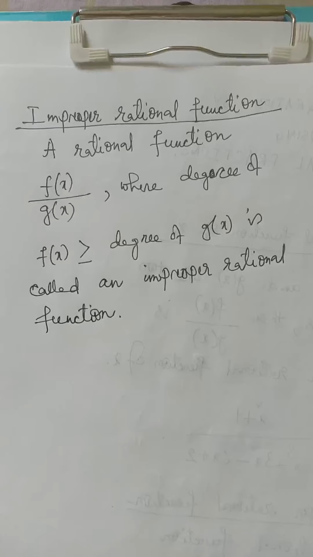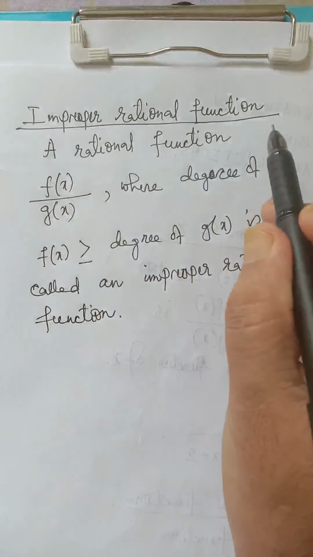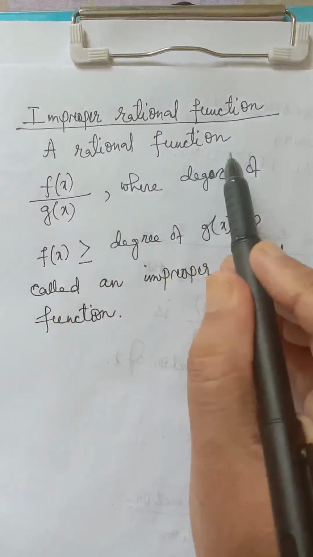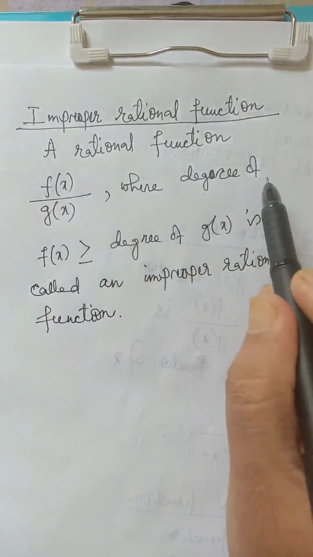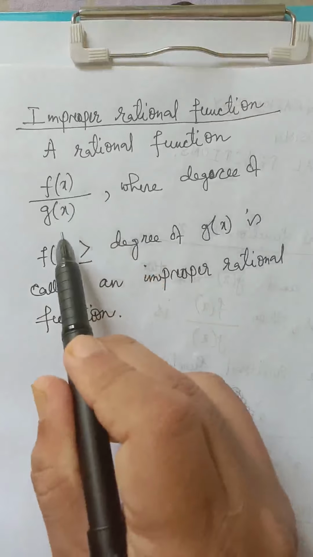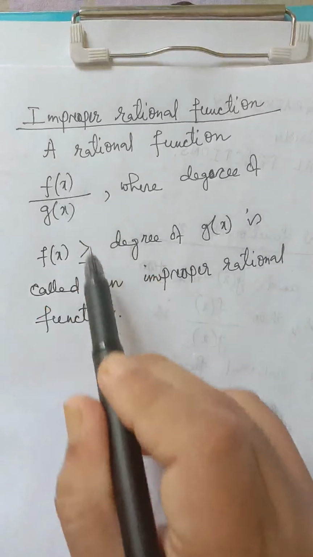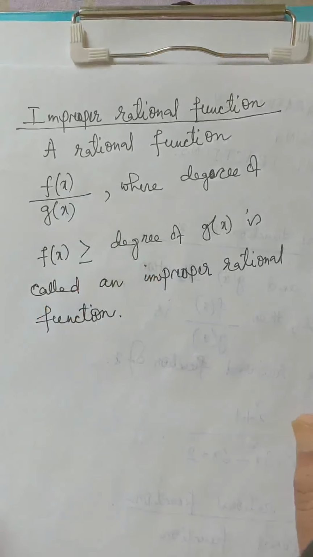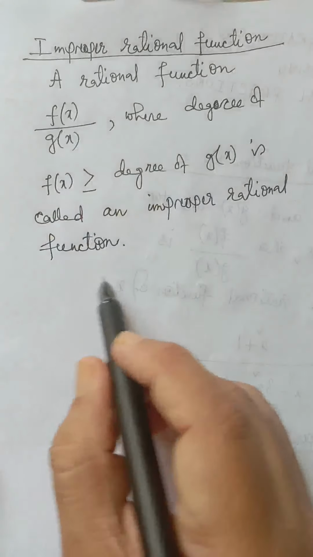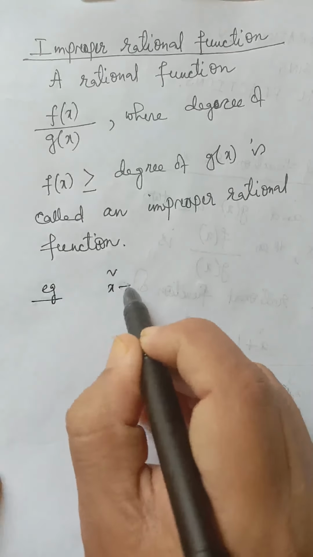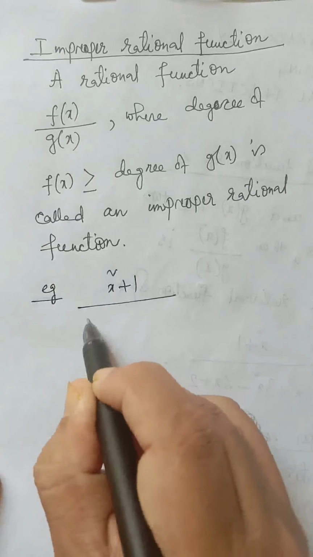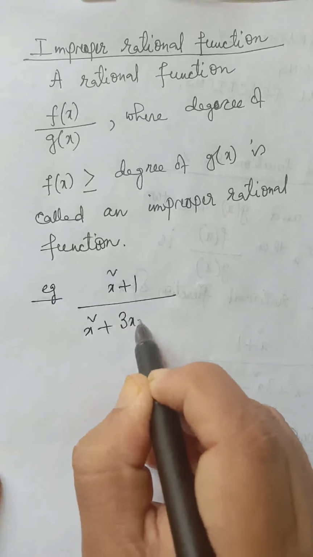Next, improper rational function. A rational function of the form f(x) by g(x), where degree of f(x) is greater than or equal to degree of g(x), is called an improper rational function. For example, (x square plus 1) divided by (x square plus 3x plus 4).